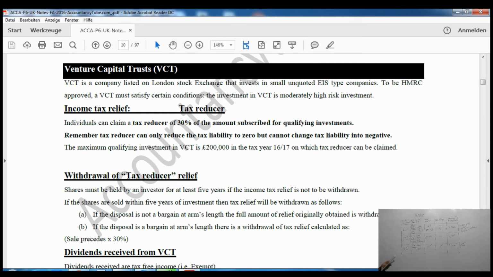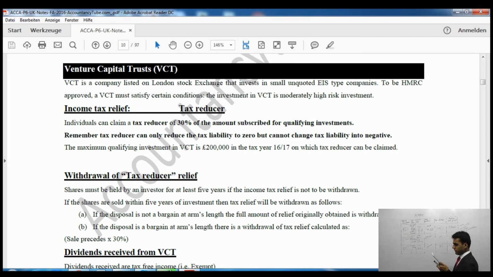Right then, dividends received from VCT are tax-free, as I said, and withdrawal of tax relief will apply in the same way for EIS, SEIS and VCT. Maximum qualifying investments, I told you how much.